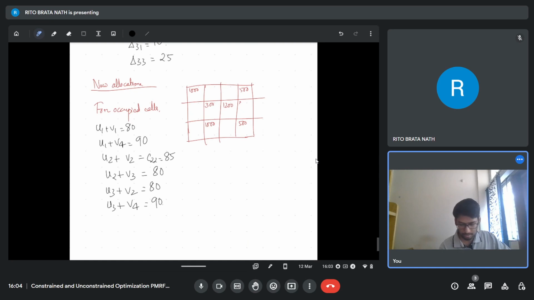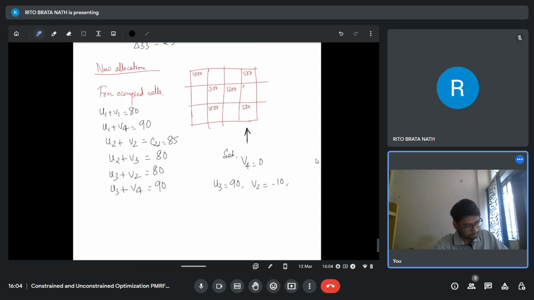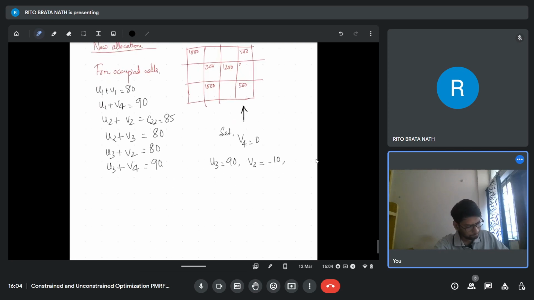So let me pick the highest occupancy cell. So this one you can again pick as 0. So let's set V4 equals 0. So that will give you U3 equals 90, V2 equals minus 10. Then what you can get is U1 equals 90, V1 equals minus 10.